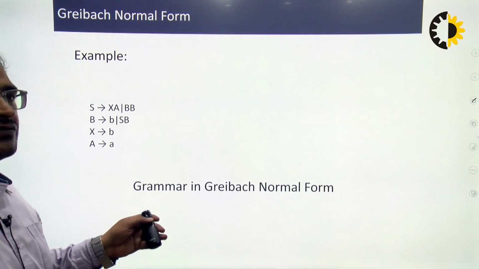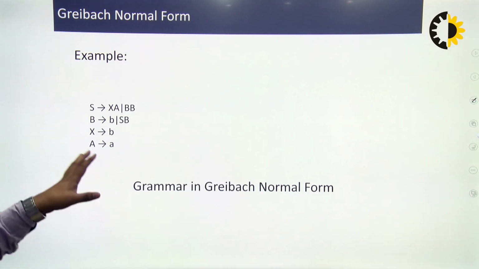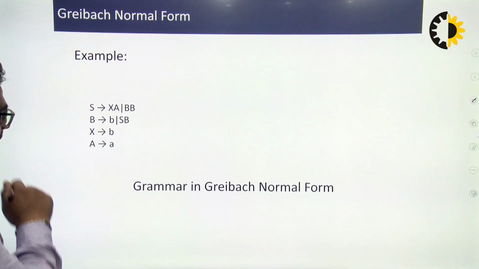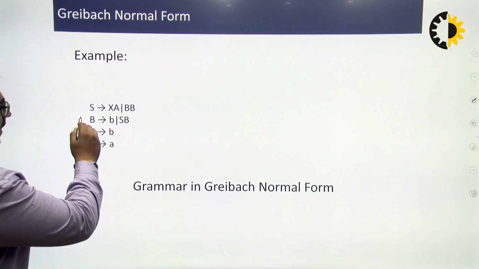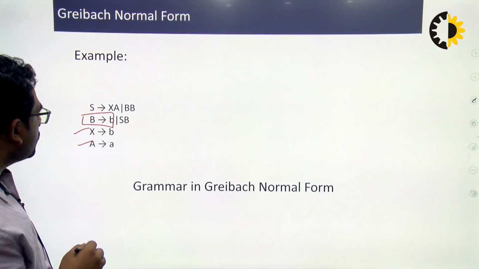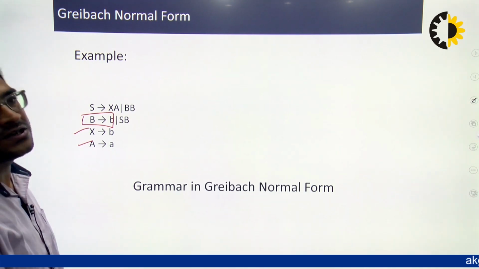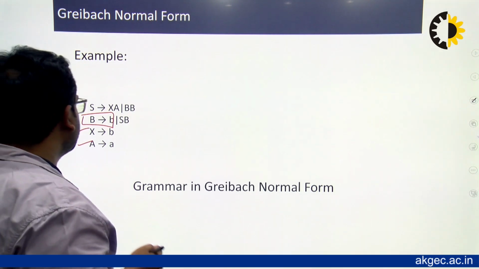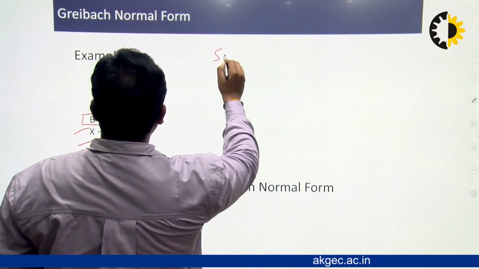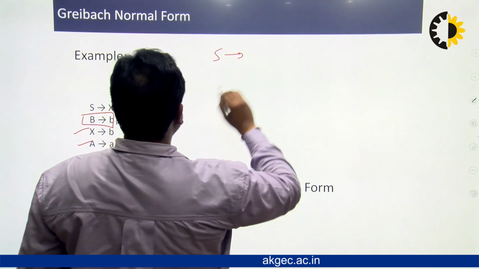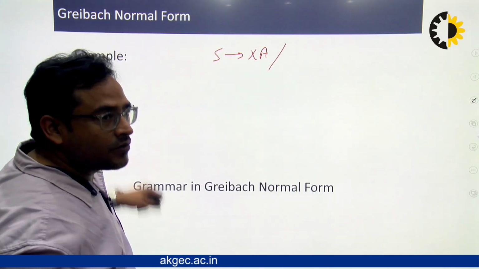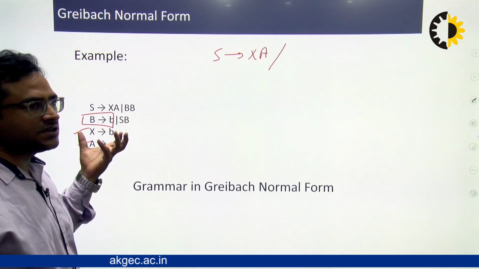Now, this is a question which you can solve by yourself using left recursion. This one and this one are already in Greibach normal form. So what you have to do is set up a left recursion. You can write S tends to XA or B, because we have to create a left recursion relationship.